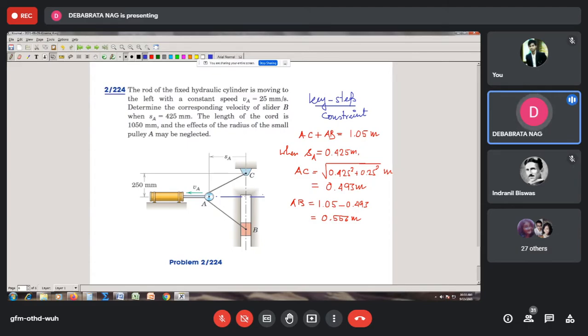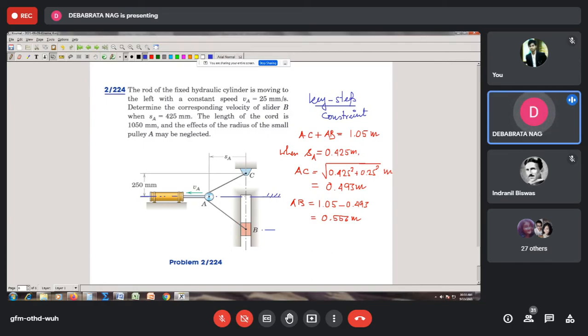So how can we specify the coordinates? I can use this horizontal line, it is a fixed line, because it is going through the center line of this fixed hydraulic cylinder. So this serves as a fixed reference line for me.